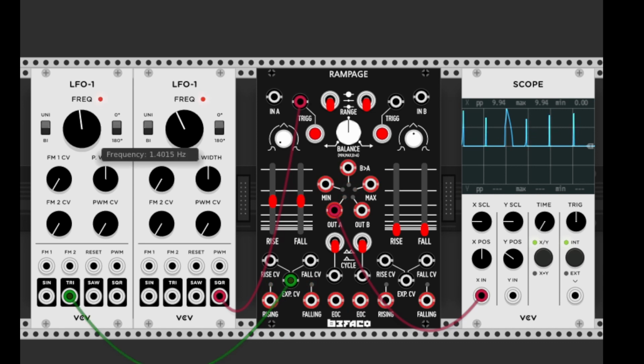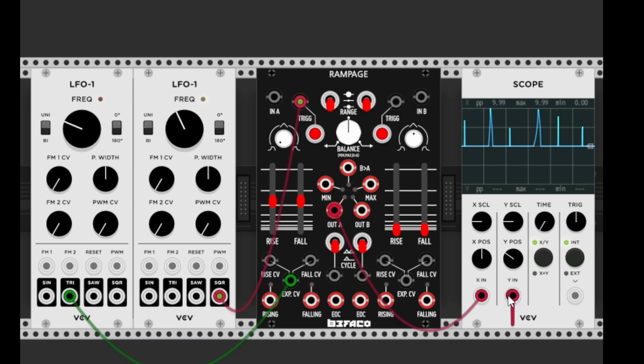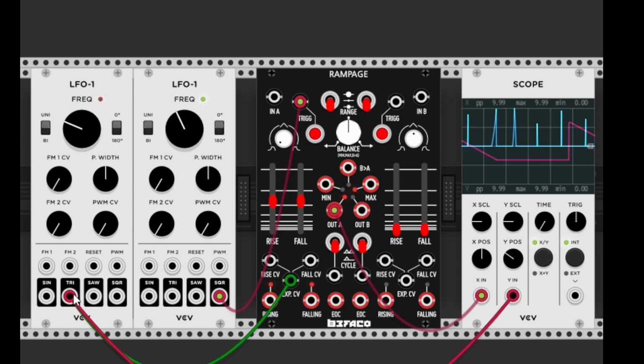And let me do it. So, and this way. And you see, when the pink curve, which is the modulating triangle wave, rises, shows a higher level, the envelope gets shorter.